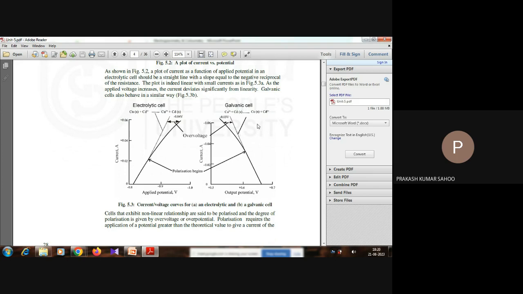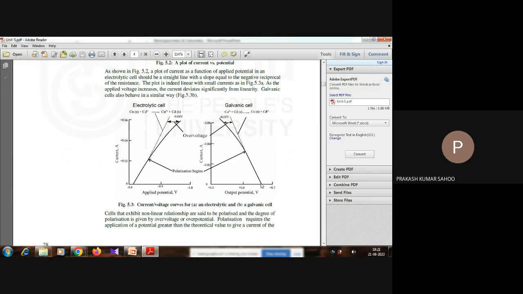So here, when the applied voltage is in excess, the linearity is not maintained, it will deviate, and this deviation, that is minus 0.04 volt, is our over voltage. Like in our galvanic cell, when the output potential exceeds the limiting value, then the linearity deviates, just in the opposite direction; this is nearer to zero, this is far from zero.